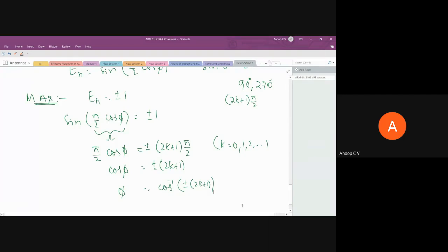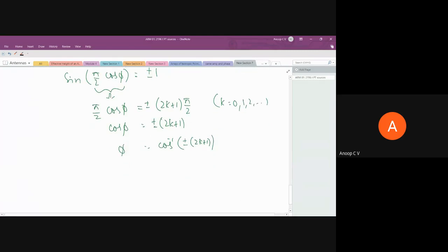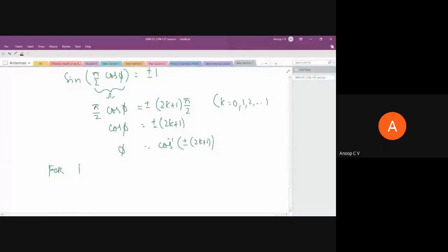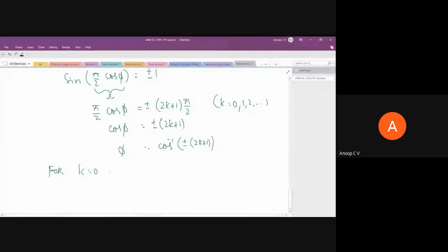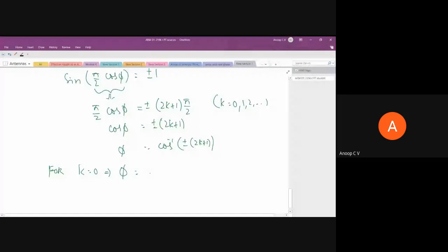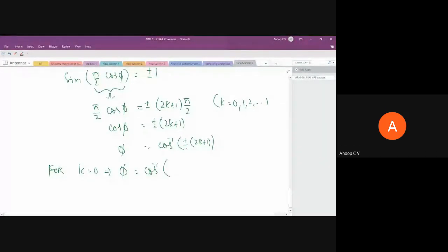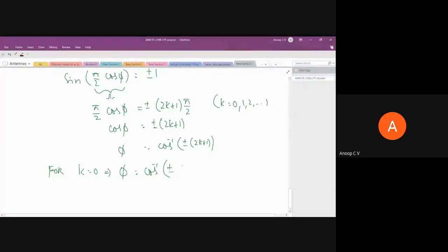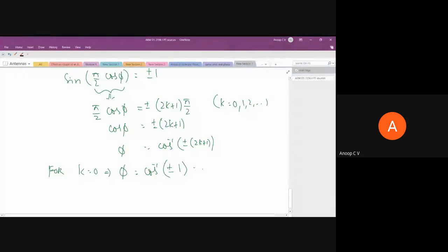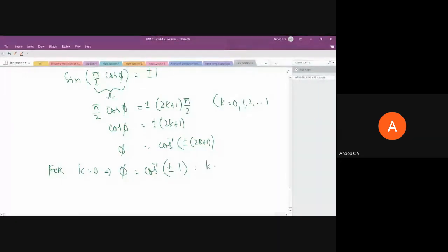For k equal to 0, phi is equal to cos inverse of plus or minus (2 into 0 plus 1), so it will be plus or minus 1. Cos inverse of plus or minus 1.